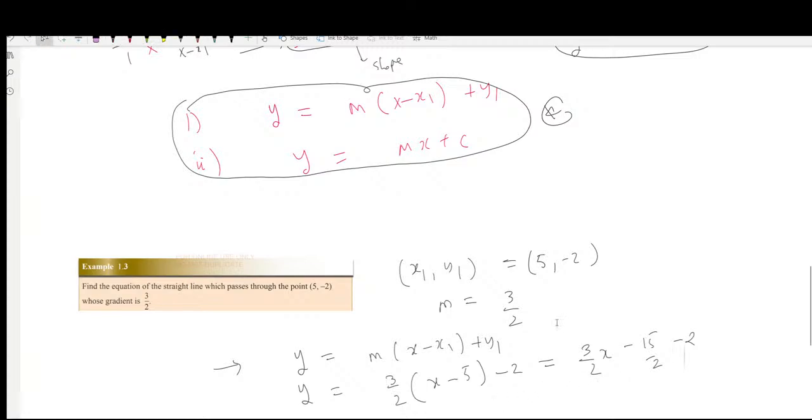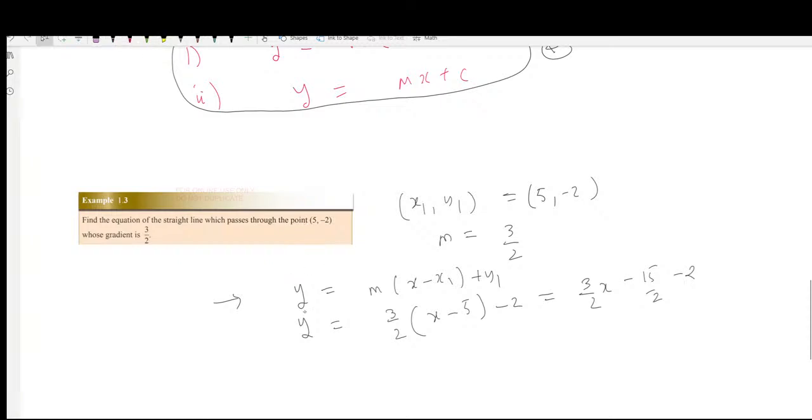You simplify further, and you will have y equals 3 over 2 x minus (15 plus 4) over 2. So the equation will be y equals 3 over 2 x minus 19 over 2.